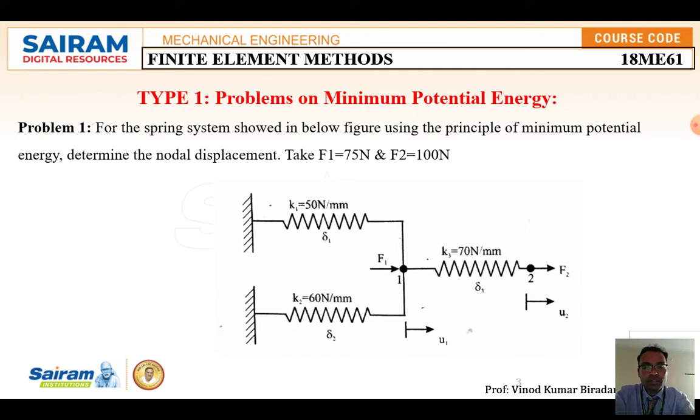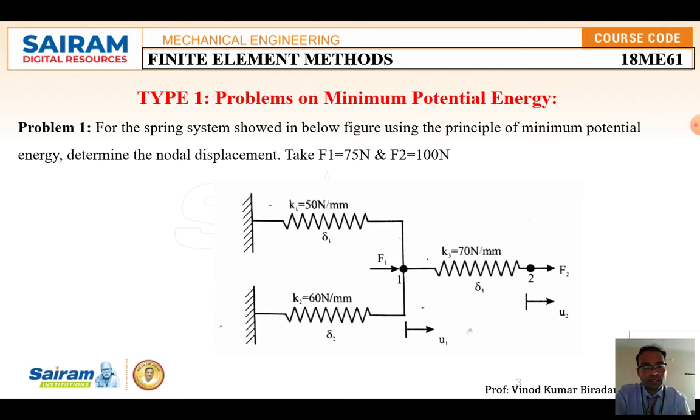To solve this type of numerical problem, first we derive the strain energy and the total work potential of the given system, then combine them to get the potential energy pi. Then you apply the boundary conditions, and finally apply the minimum potential condition to get the unknown displacements asked in the question. This is the procedure for solving minimum potential energy problems.